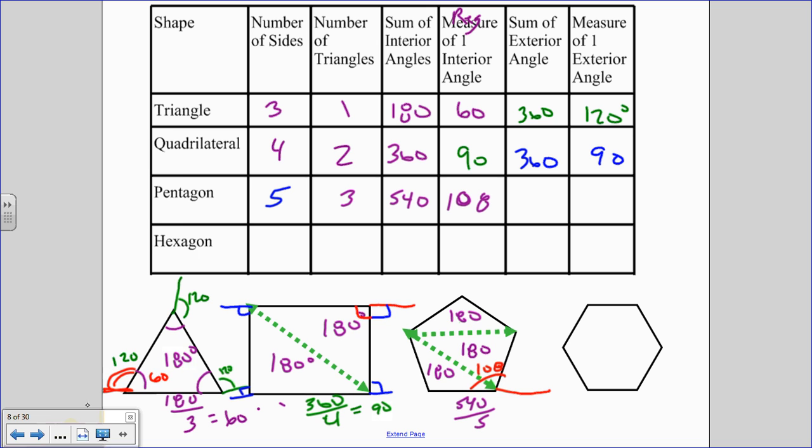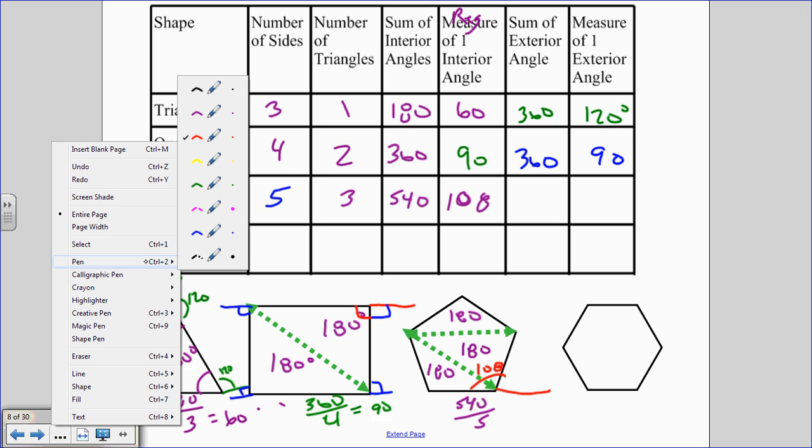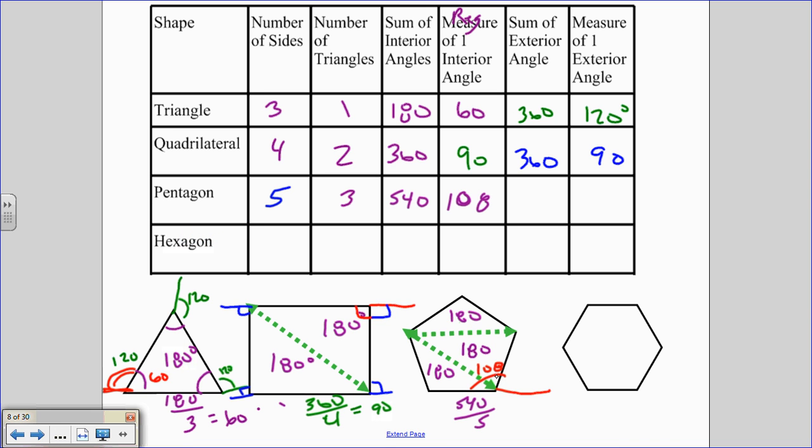And 108 would need to pair with 72 in order for it to equal 180 together. And then again, if you find all 5 72s, in other words, 72 times 5, you would get 360 degrees.